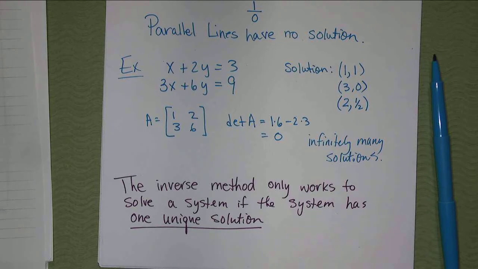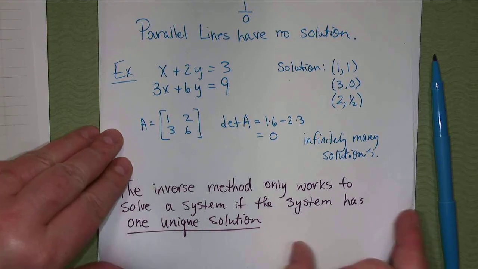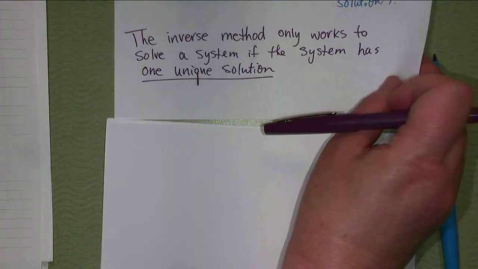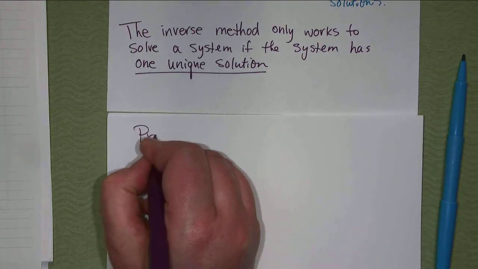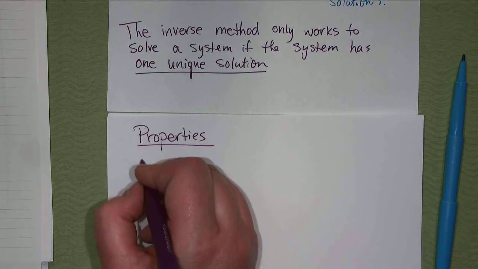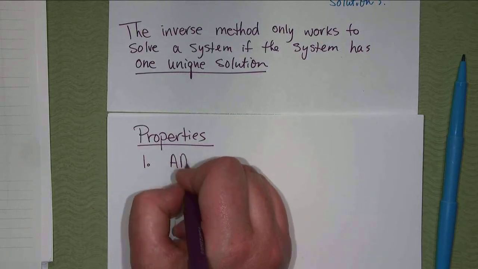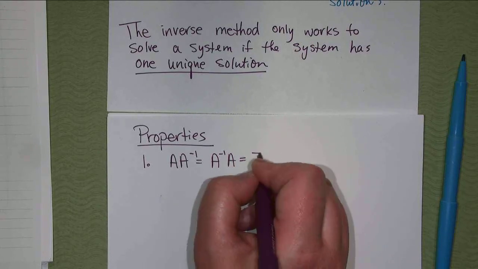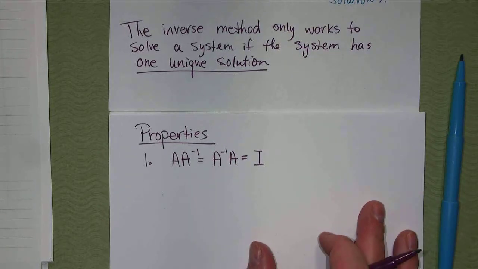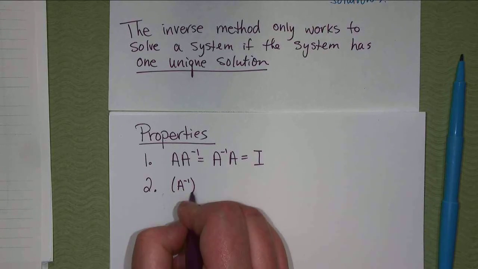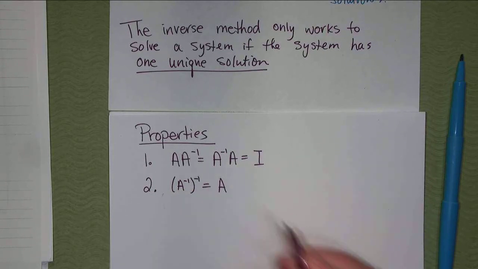All right, so properties. Here they are, the list. Okay, so we knew the first one. Number 2. We saw that one and we guessed what that was earlier. Take the inverse and then the inverse again.